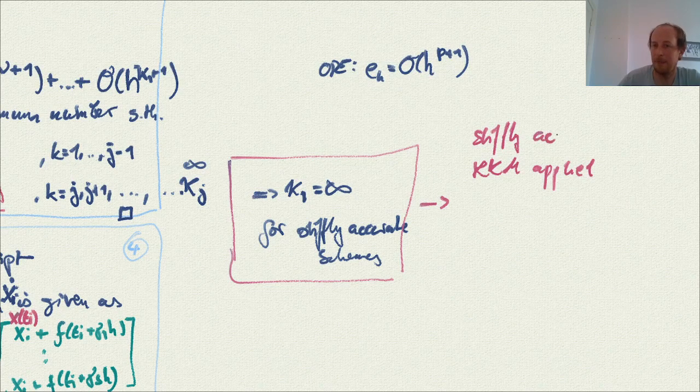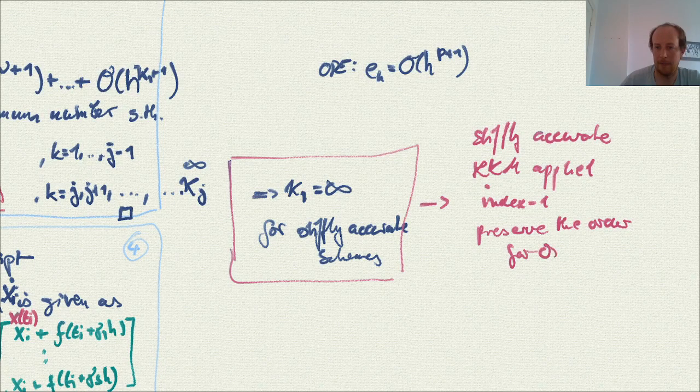Stiffly accurate Runge-Kutta methods applied to index 1 problems preserve the order for ODEs. Okay, and that's very good news. This means that if you have a stiffly accurate scheme and you apply it to an index 1 problem, then there's no big difference to an ODE.